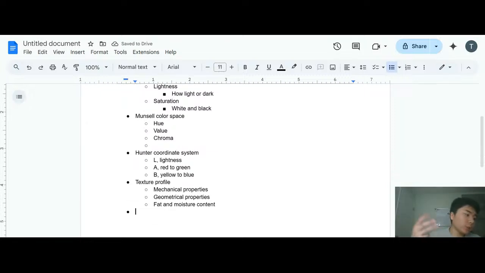And next, texture profile: texture attributes are subdivided according to order of appearance. What do you mean? Initial, perceived at first bite, and masticatory. Mastication means chewing, perceived upon chewing. And next, residual.